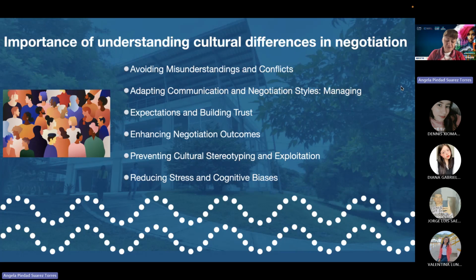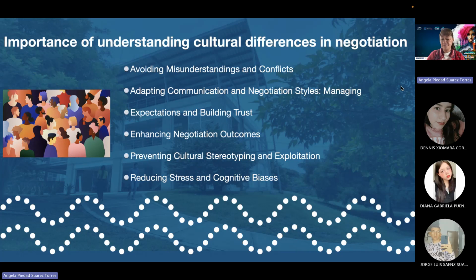And recognizing these differences is going to help negotiators adapt their approach to fit the counterpart's culture, fostering smoother interactions and trust building. So we have to be aware again about the preferences that the counterpart has about the process of negotiation.